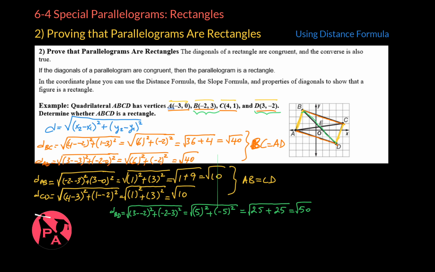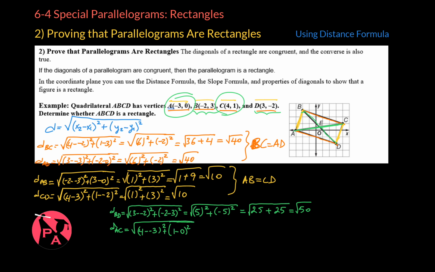Let's see the length of AC. It must be the same as BD. So we are going to focus on point A and C, and we'll do the distance for these 2 points. So first, subtract the first values, 4 minus negative 3 squared plus 1 minus 0 squared.